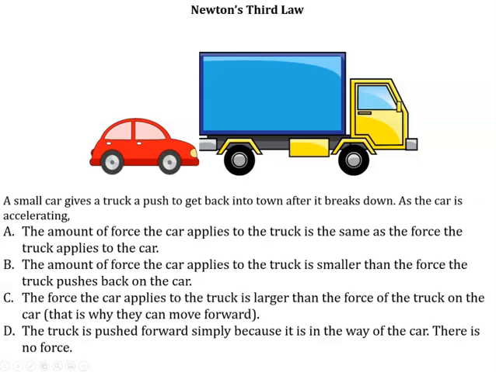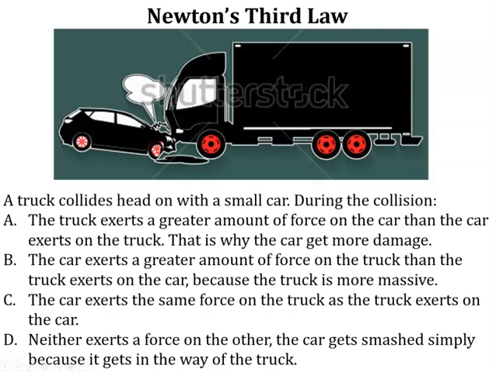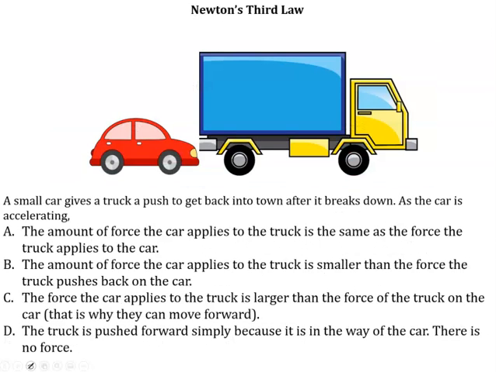Or the truck is pushed forward simply because it's in the way of the car. There is no force. Well, remember, Newton's third law means that the car is pushing forward on the truck, and the truck is pushing back on the car with the same exact force. That's A. It's Newton's third law.